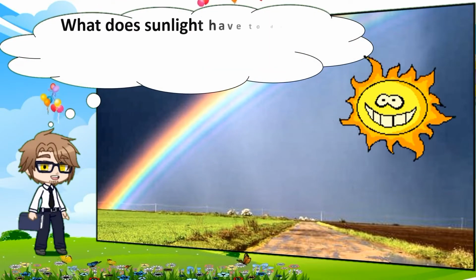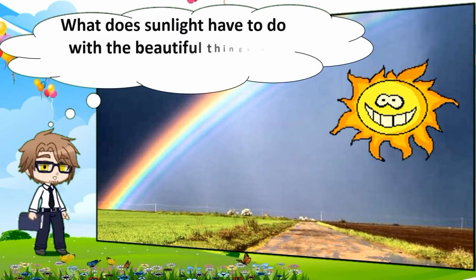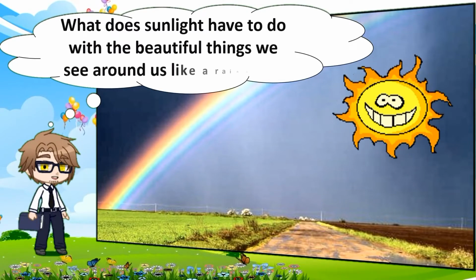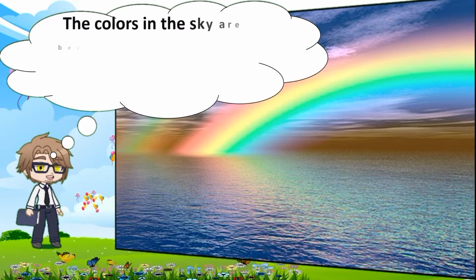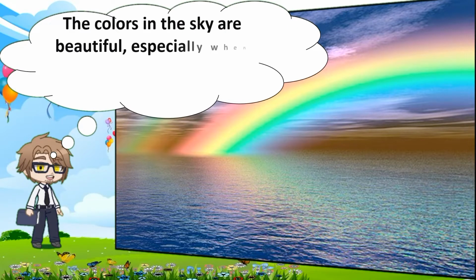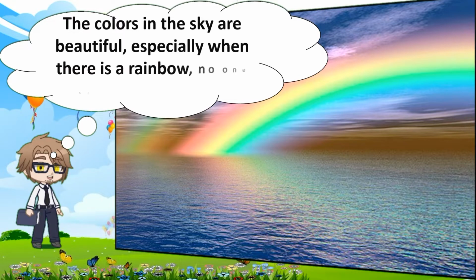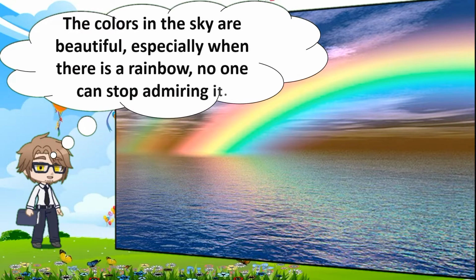What does sunlight have to do with the beautiful things we see around us, like a rainbow? The colors in the sky are beautiful, especially when there is a rainbow. No one can stop admiring it.